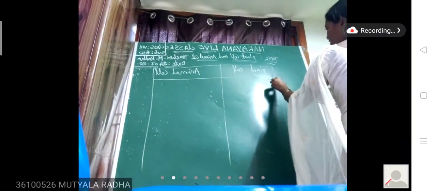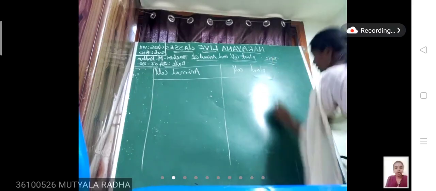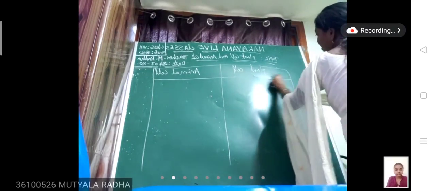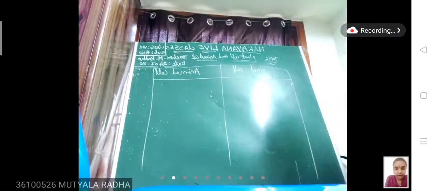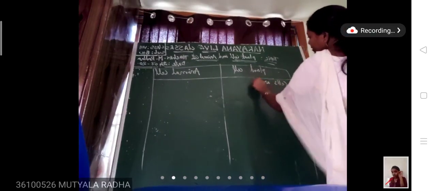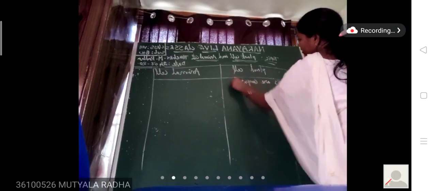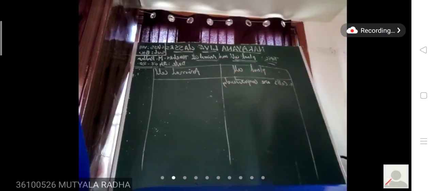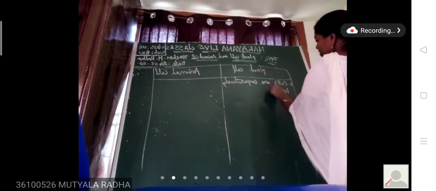Cells are comparatively larger in size in plants.